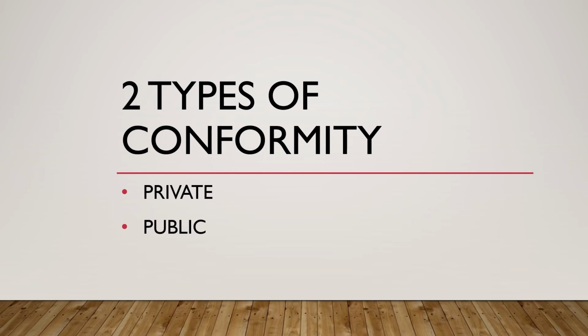This often happens when we want to curry favor with others. A good example is a politician who tells his voters whatever they want to hear. I know we're all familiar with that. Now that's according to Kassin also.